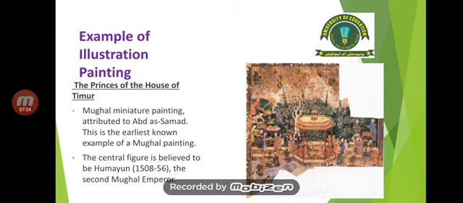The central figure is believed to be Humayun, who was the second Mughal emperor and who also commissioned that particular painting. So, in this miniature painting, we can clearly see that it is illustrating their daily routines and their daily festivity scenes.